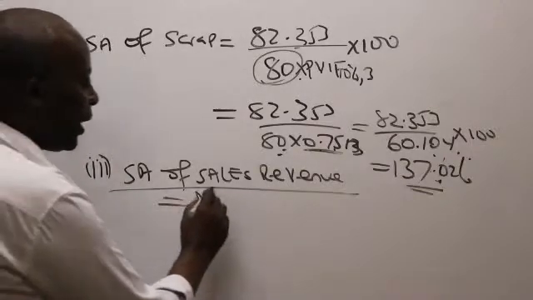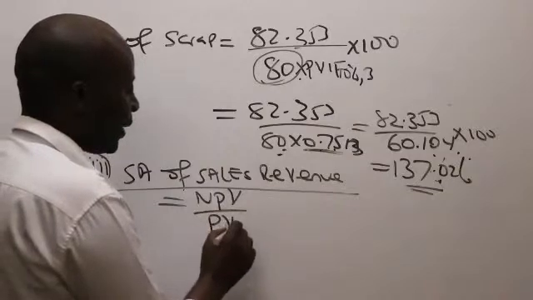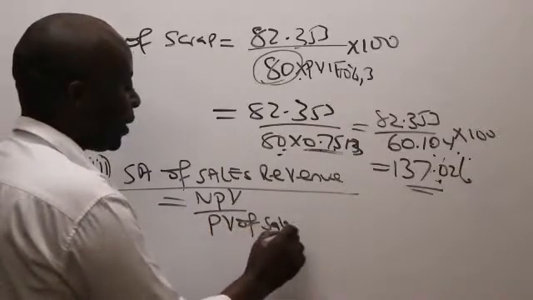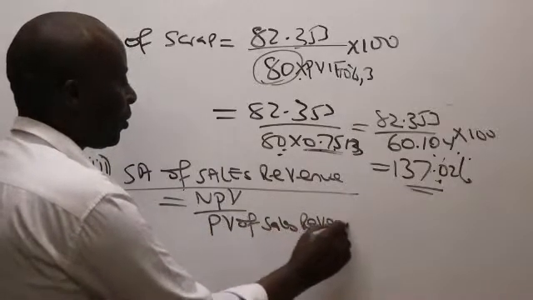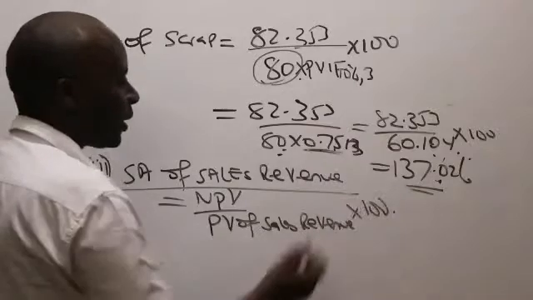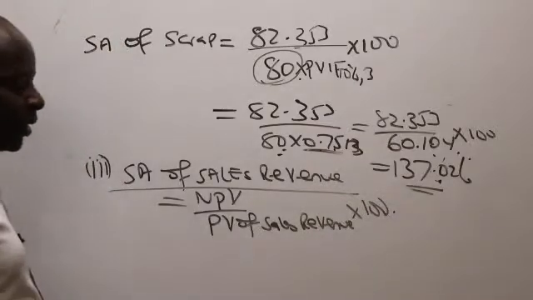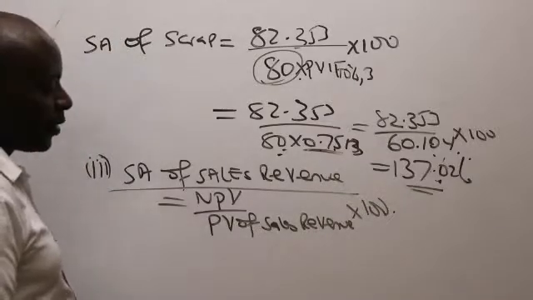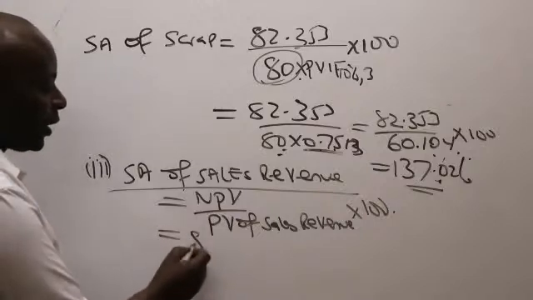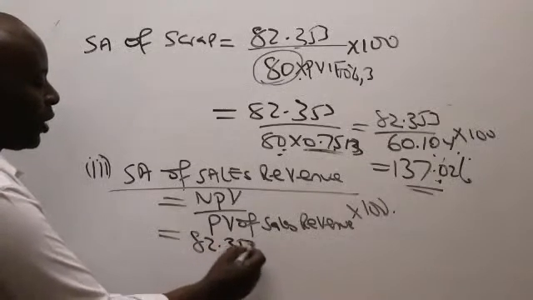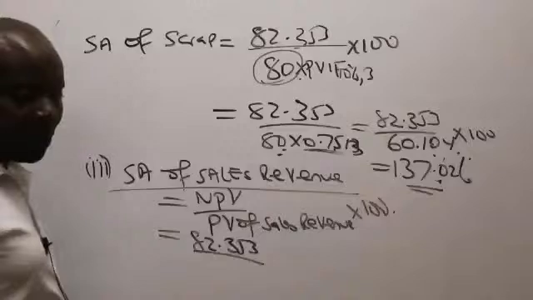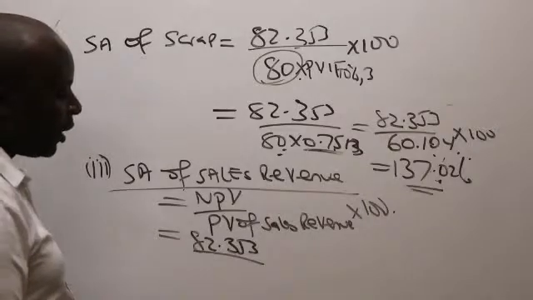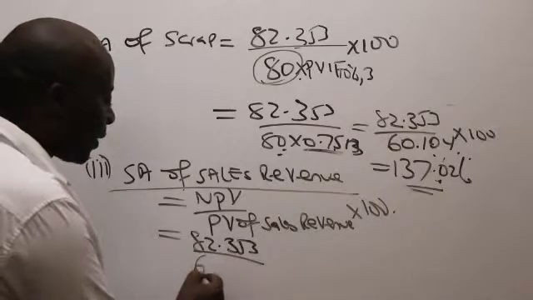This one here will be net present value over present value of sales revenue times 100, right? So then this will be net present value is 82.353 all over present value of sales revenue. Present value of sales revenue, I remember our sales revenue was 600.